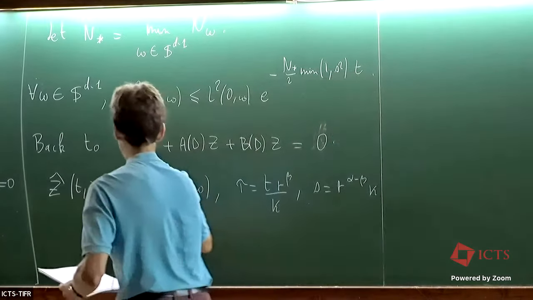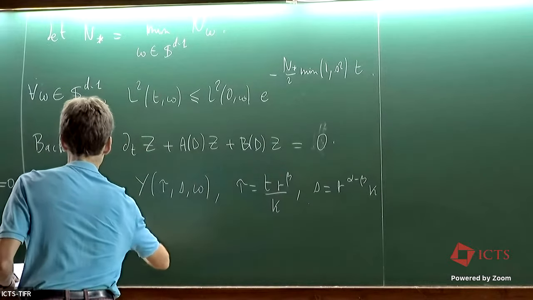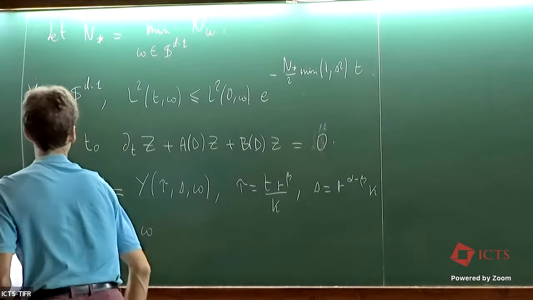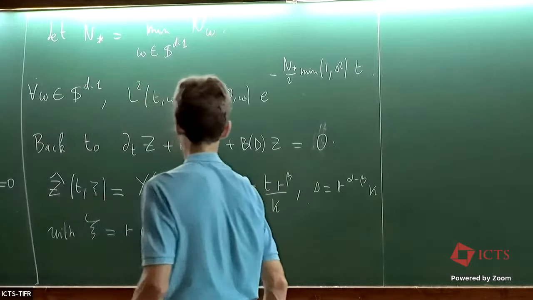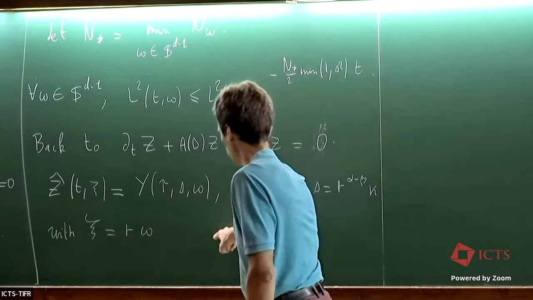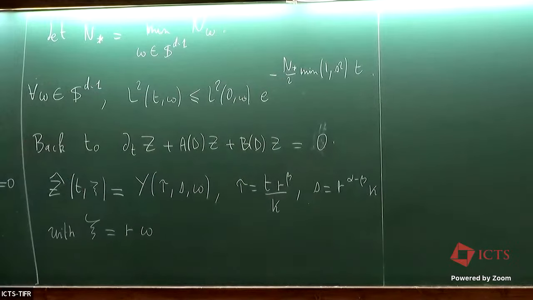And remember that psi was written like R omega. Now if I use this inequality and make the change of variable, and also use the fact that L square is equivalent to the norm of y square, what you get is this inequality.